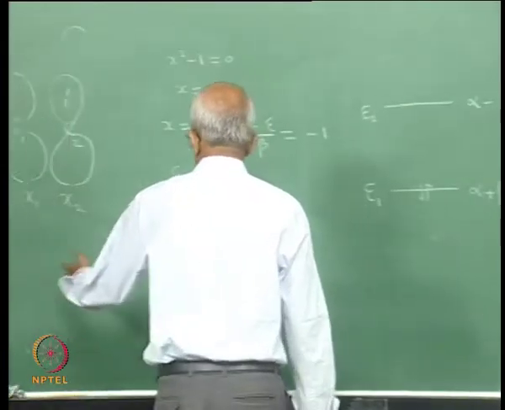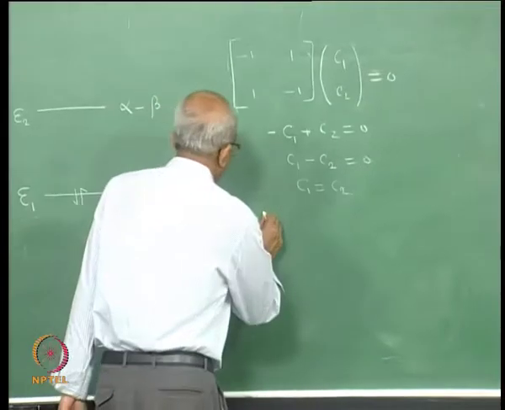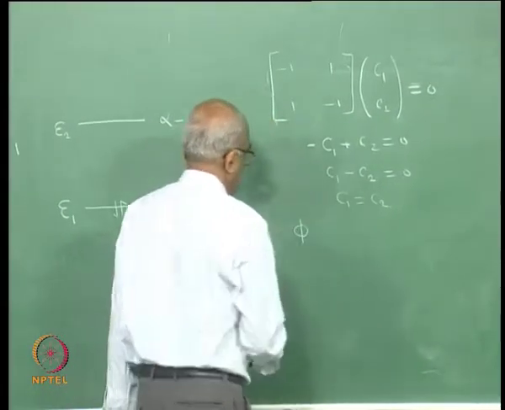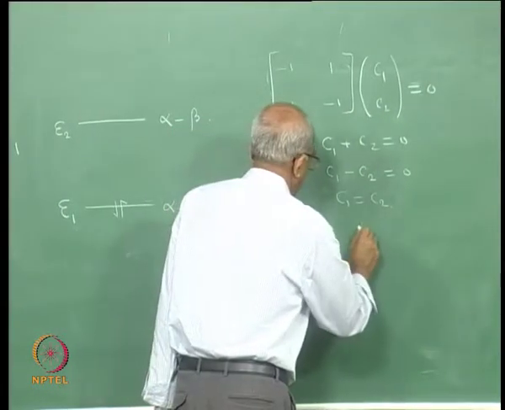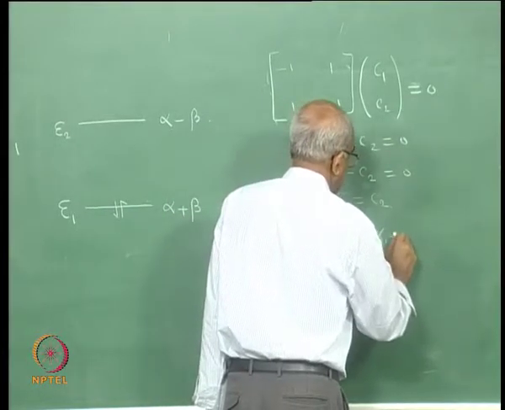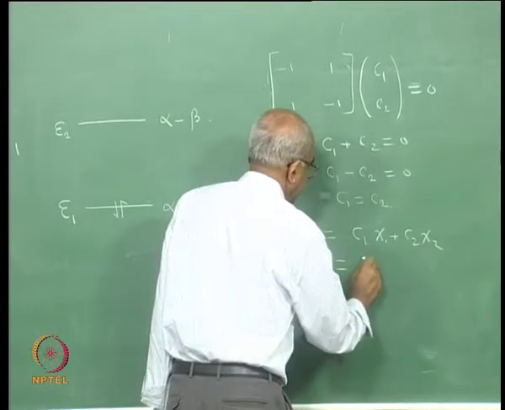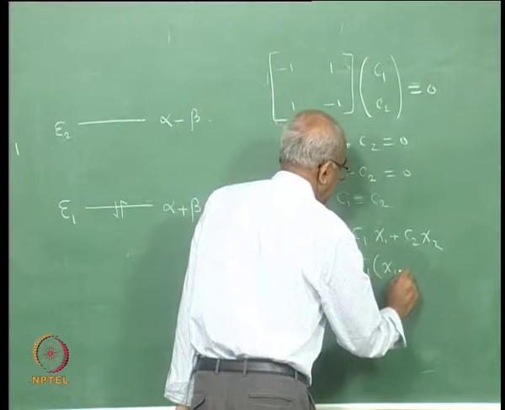And therefore, what is my expression for the corresponding molecular orbital, phi? Phi would be C1 chi 1 plus C2 chi 2, but C2 is equal to C1. So, I can write this as C1 into chi 1 plus chi 2.